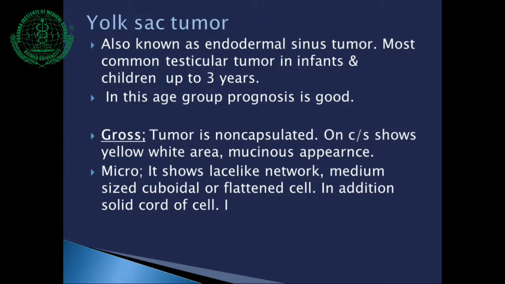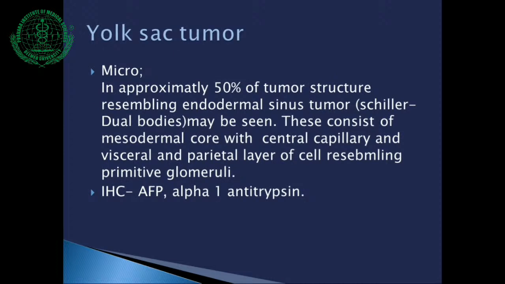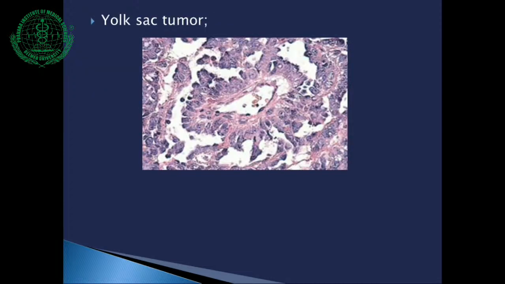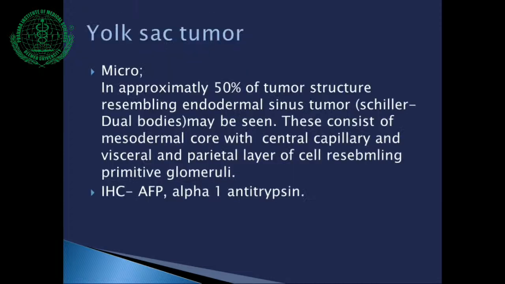Microscopically, it shows a typical appearance: a lace-like structure with medium-sized cells with flattened epithelium, and there is a typical arrangement, which we call Schiller-Duval bodies. In this, the cells are arranged around the capillaries, and these cells are anaplastic, highly neoplastic cells.